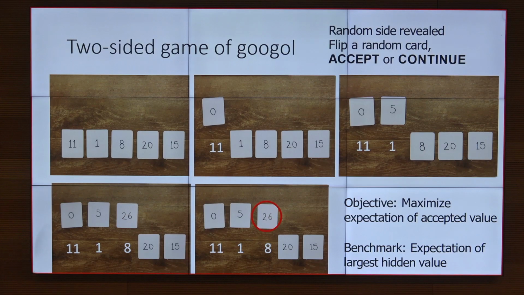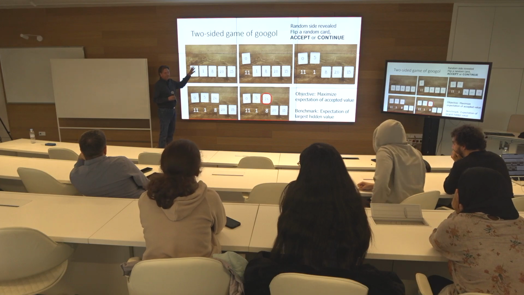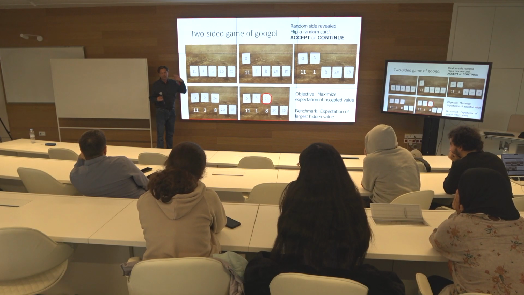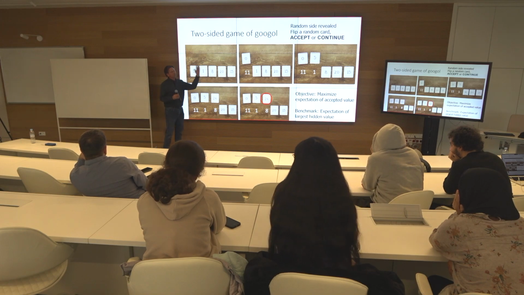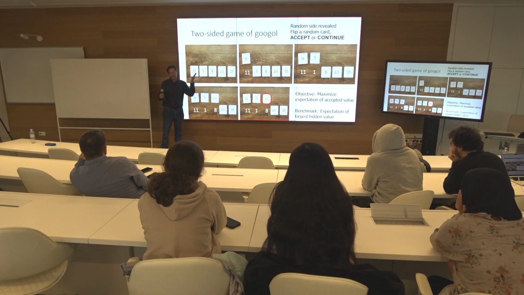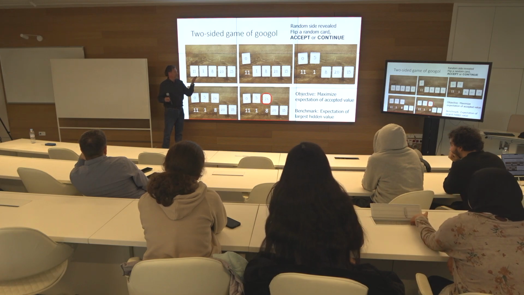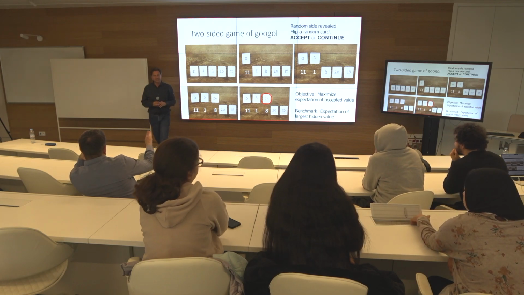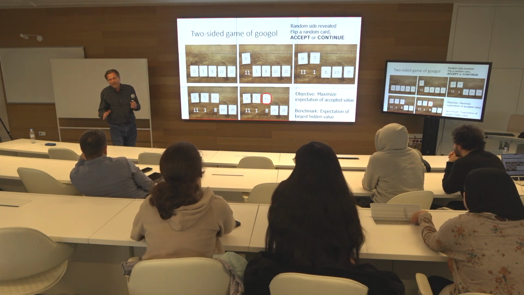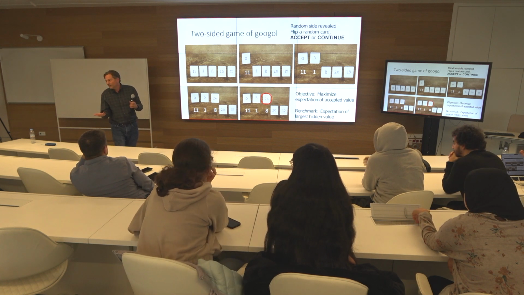What you know is that the side that's up is random. So the numbers that are behind are not arbitrary, right? The numbers that are up are not related to the numbers there. With probability 1/2 it could have been the other way, right?